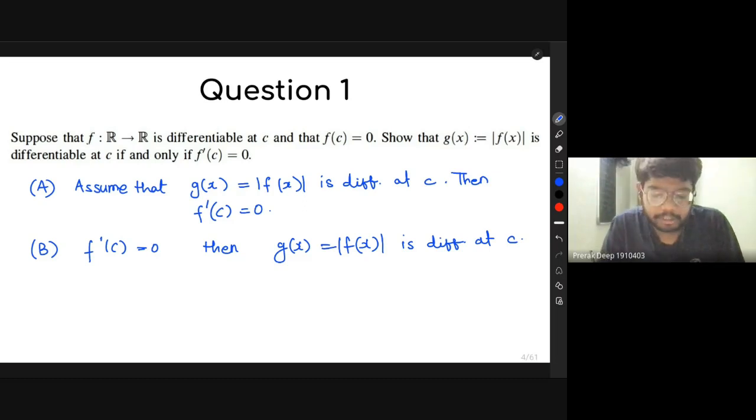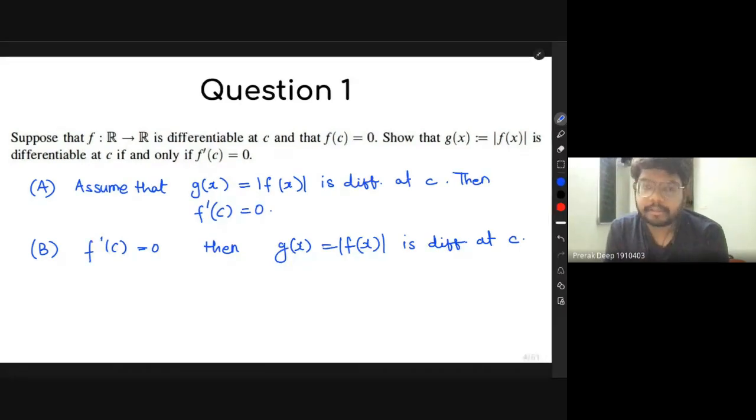So this if and only if statement can be reduced to questions of type A and B, where we assume the first statement and prove the other side, and we assume the other as the assumption and prove the first half.